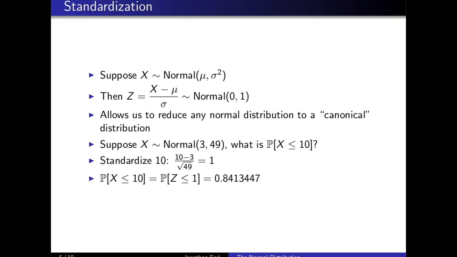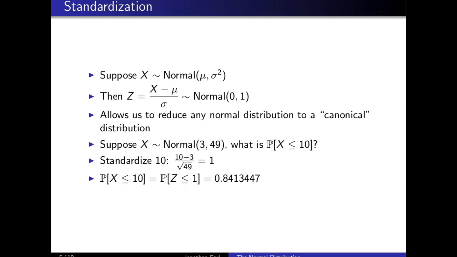So suppose that x is a random variable that's going to be normal with mean 3 and variance 49, or standard deviation 7, and we want to know the probability that x is at most 10. What we could do is standardize our x and then look at the probability for the standardized value. So we'd first want to go and standardize the value of 10.